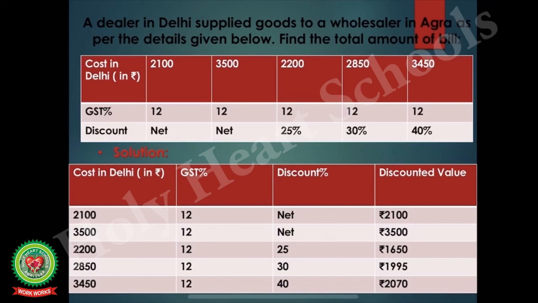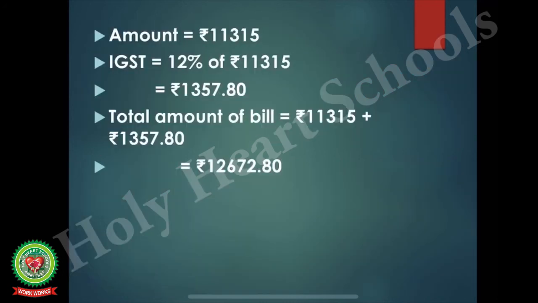1995. And the discount percent of the last good is 40%. So the discounted value will be 60% of rupees 3450, which comes out to be rupees 2070. Now the total of these discounted values comes out to be rupees 11,315.